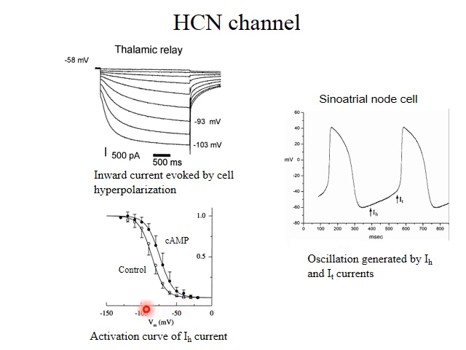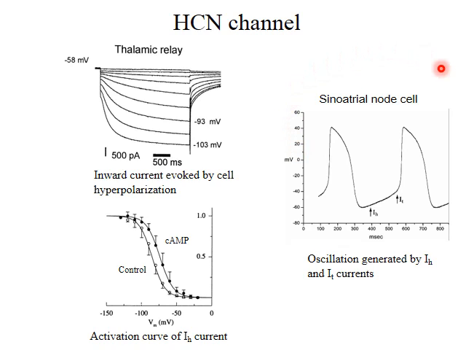And as we can see, there's anomalous rectification where the open probability of the channel increases as the cell is hyperpolarized. This graph also illustrates the cyclic nucleotide sensitivity of the channel. When cyclic AMP levels are raised, the IV curve shifts to the right, indicating that the open probability of the channel has increased. So cyclic nucleotides, including cyclic AMP, can modulate and increase the open probability of the channel.